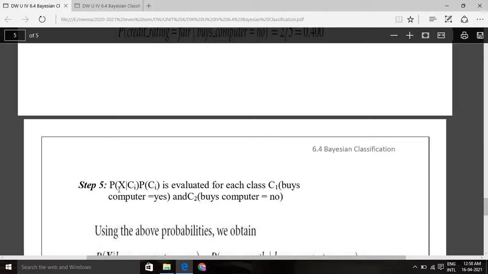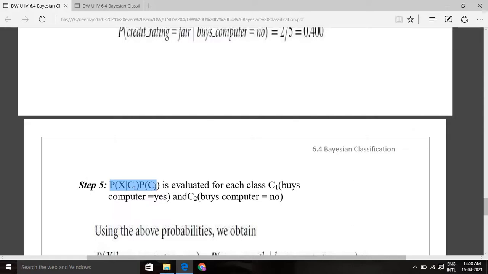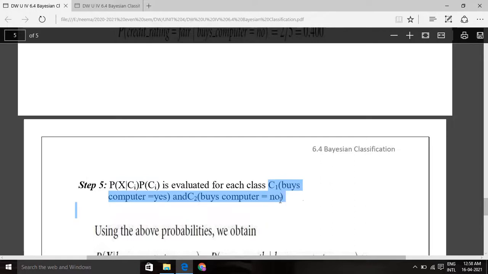Next we evaluate the probability of X given Ci times the probability of Ci, for the 2 classes C1 and C2.